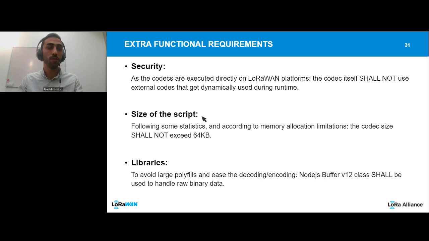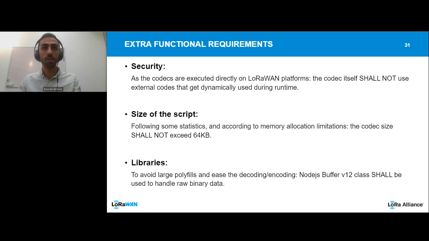Another requirement is the size of the script. According to some statistics that we have done, as Actility is one of the vendors and solution providers that are members of the LoRa Alliance, and we really use the codecs, and there are also other members.